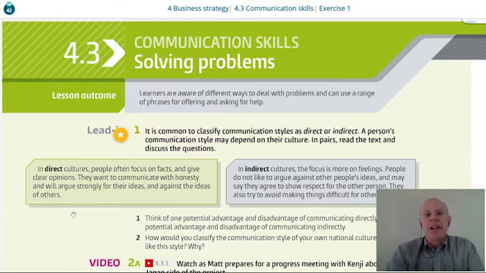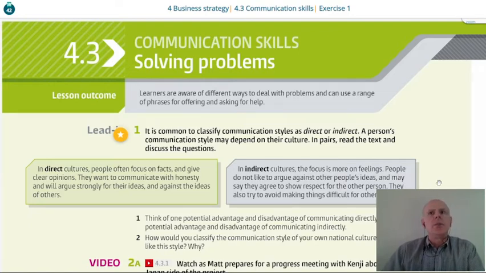And in indirect cultures, the focus is more on feelings. People do not like to argue against other people's ideas and may say they agree to show respect for the other person. They also try to avoid making things difficult for others. It looks beautiful, right? But are there disadvantages?